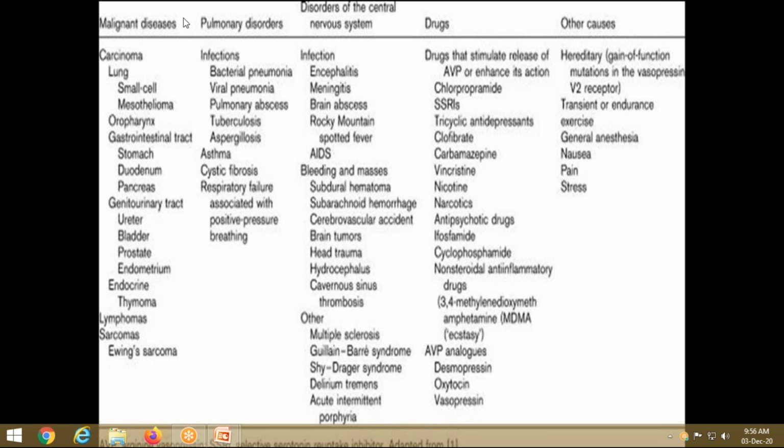Any malignancy can cause SIADH. The most common malignancy which causes SIADH is lung carcinoma. That too, small cell carcinoma is the most common malignancy, and many varieties are present.